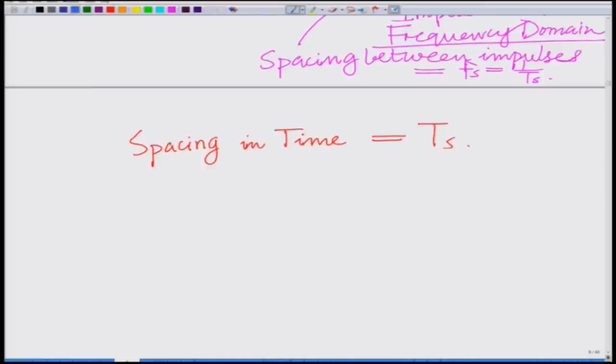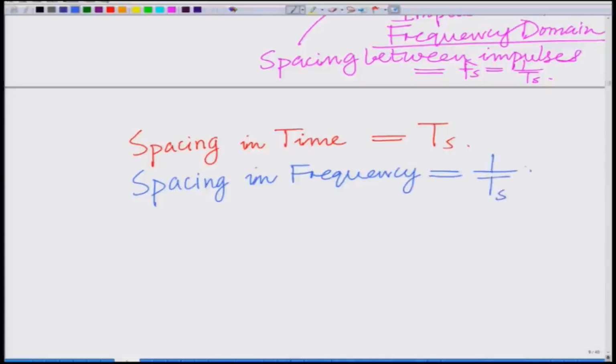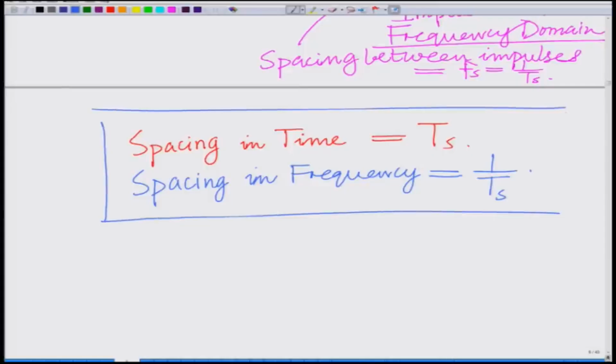But in frequency, the spacing equals 1 over T s.